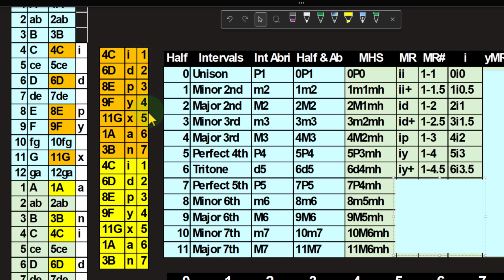So we are between the Y and the X. You would think it would be 4.5 if I make that the 1 scale degrees. That's what the proper scale degree would be, but they don't use 0.5s. They still call it a fifth, and they say it's a flat fifth, meaning it's not in the major scale. But I want to know whether or not it's in, well, we'll talk about that later.